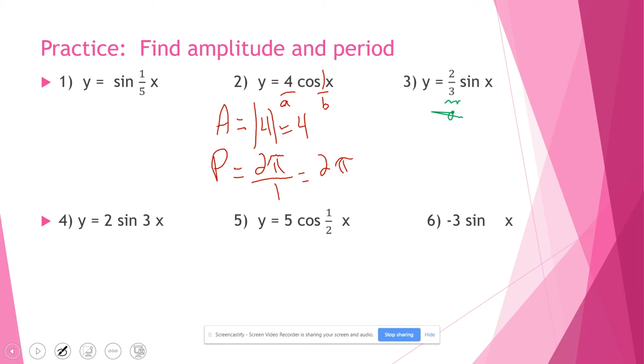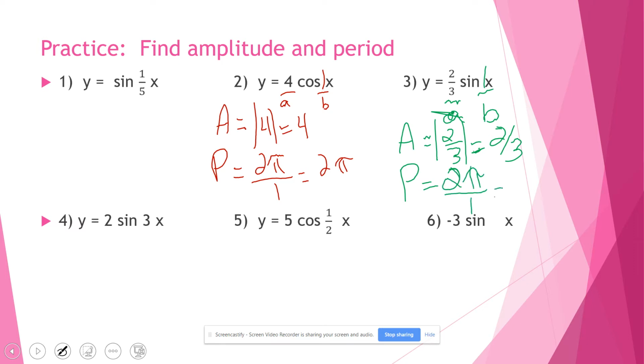Number 3, amplitude and period. So amplitude comes from A, the absolute value of 2/3 is 2/3. And then our period, 2 pi over B, which is 1, 2 pi over 1 is 2 pi.